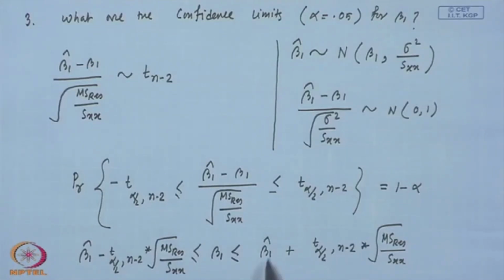Now, we know everything. We know what is beta 1 hat, we can find this tabulated value. This is t 0.025 because alpha is 0.05, and we know all these values. Okay. So, you can check that.